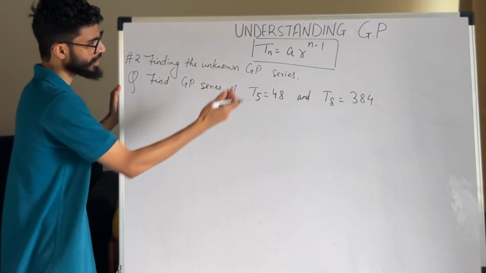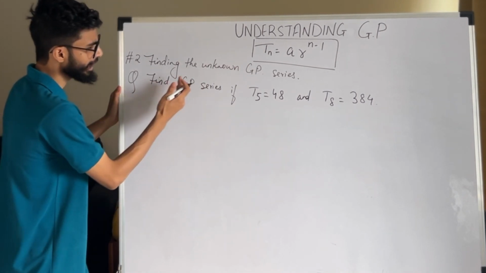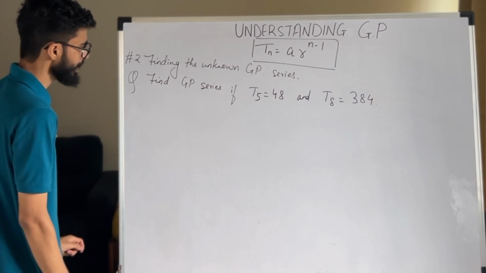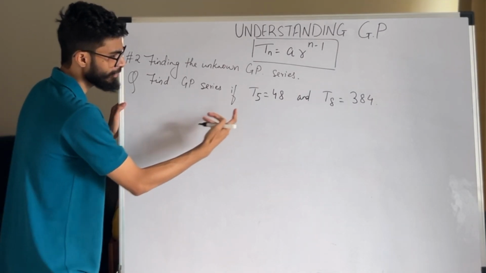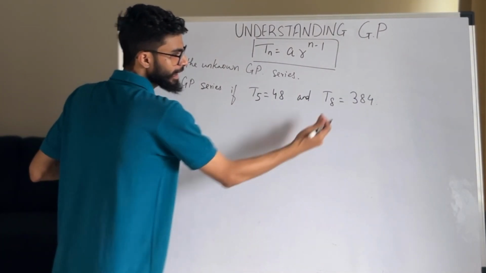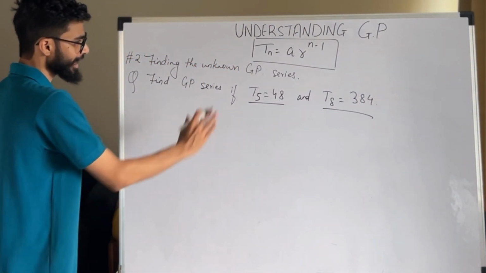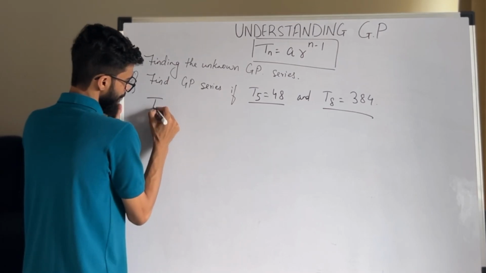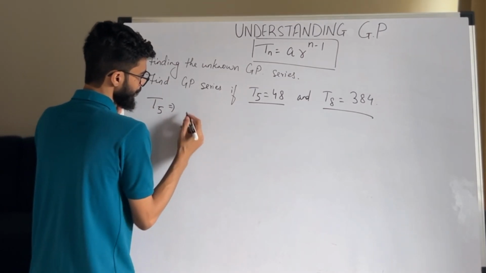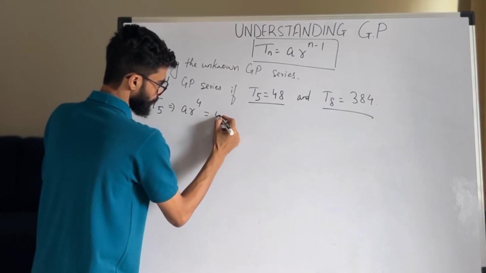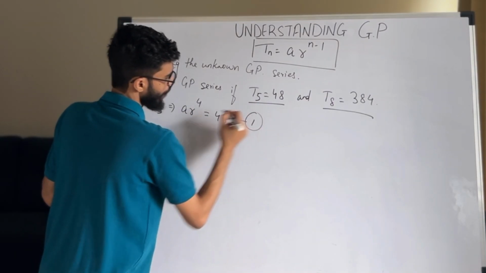We can also use the Tn concept for finding an unknown GP series. Suppose they have given me: find the GP series if T5 equals 48 and T8 equals 384. So if I write this equation, T5 is nothing but A R raised to 4, which is equal to 48, equation number 1.